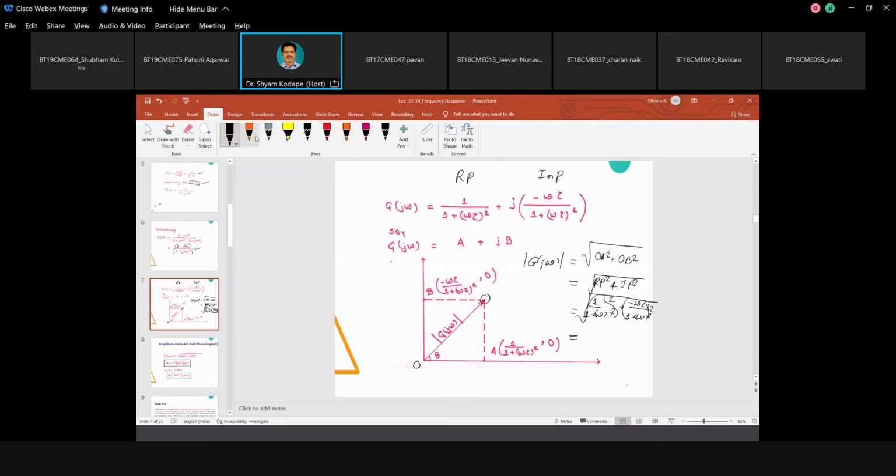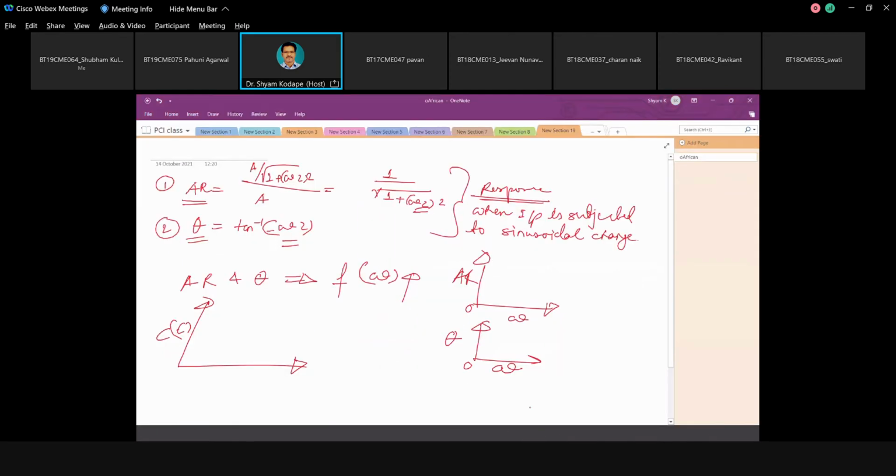1 upon, you just solve it, 1 upon 1 plus omega tau square. And it is same as that of the modulus, or in the previous one it is same as that of the amplitude ratio.